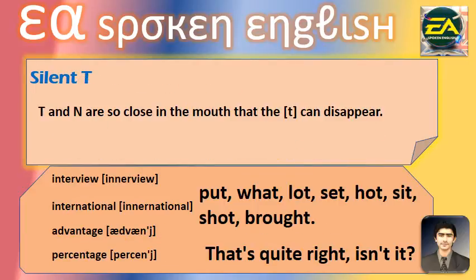The third rule is how you are going to make the T silent. T and N are so close in the mouth that the T can disappear, like interview. This rule is very easy and enjoyable. Just try it once. You cannot say "inter-view", you might say "inner-view". And what about international?